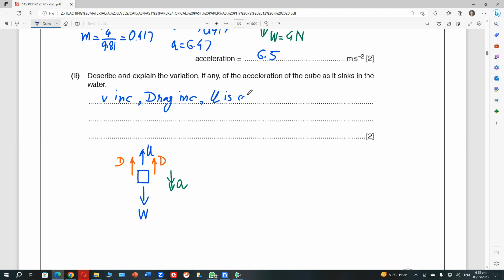Upthrust will remain constant. Resultant force becomes zero.